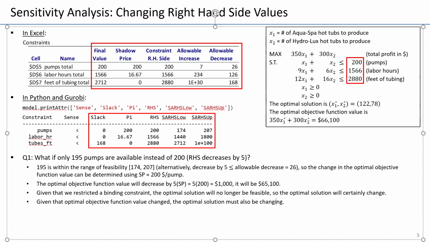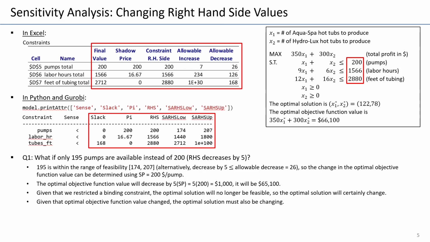So what we need to remember is this: when we had the graphical method and we had some binding constraint, we had the pumps constraint, right? This was the pumps, and then this was labor, and then the optimal solution was actually somewhere here, at this point.